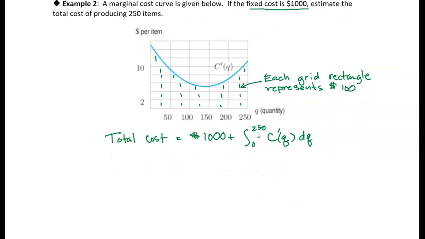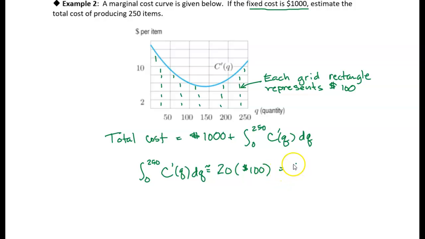That's my best estimate. So I'm going to estimate this integral from 0 to 250 of the marginal cost curve, dq, to be approximately 20, because there's 20 grid rectangles that I'm estimating here, times $100, since each grid rectangle represents $100.